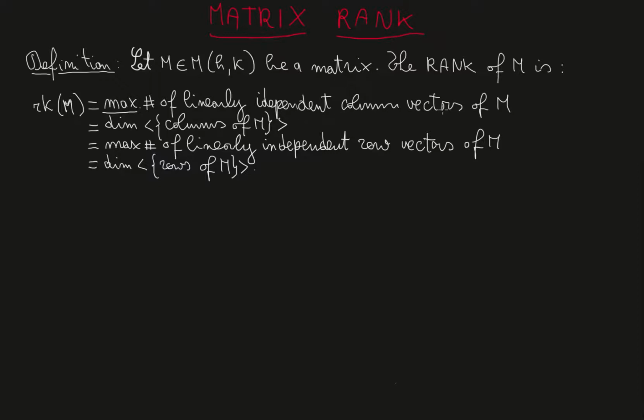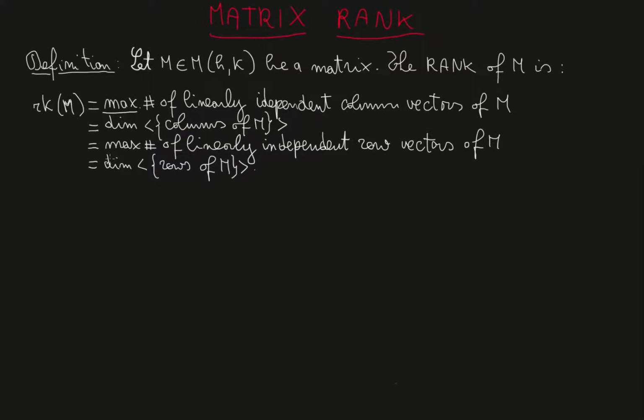But this, of course, is not a well-defined number because it depends on how many vectors of the matrix I consider. If I take the maximum number of linearly independent column vectors, this is a well-defined positive integer, and it is defined to be equal to the rank of the matrix M.